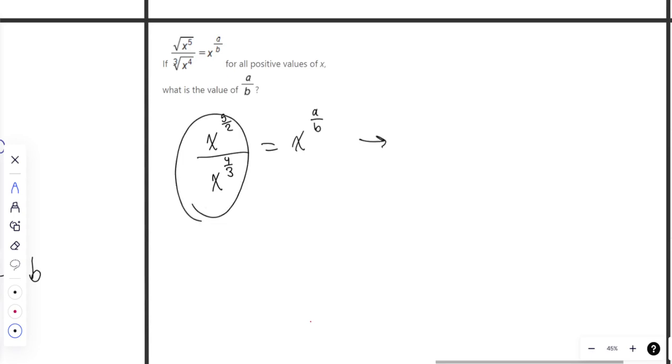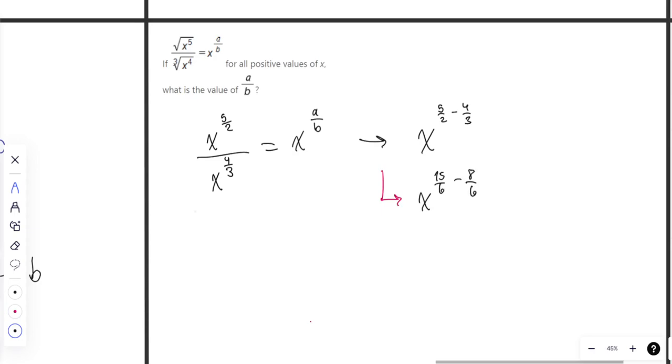But of course, we have this exponent rule that if we're dividing something that has the same base, we could subtract the exponents. So this is really just equal to x to the 5 halves minus 4 thirds, which if we get a common denominator, that's the same thing as x to the 15 sixths minus 8 sixths, which is equal to x to the 7 sixths.